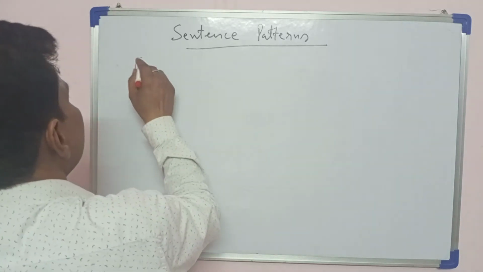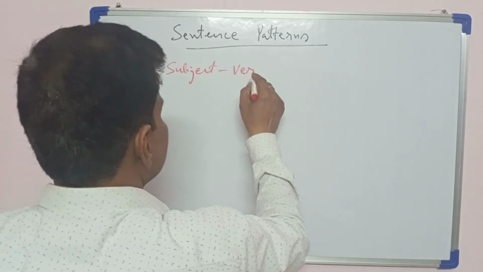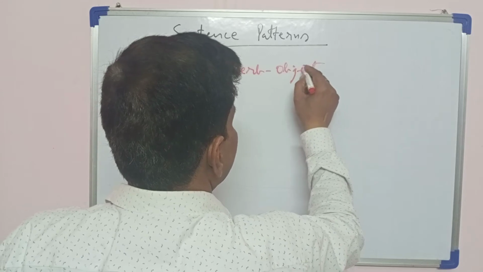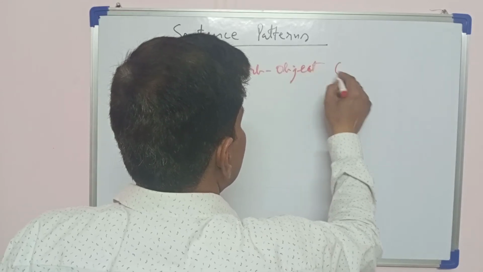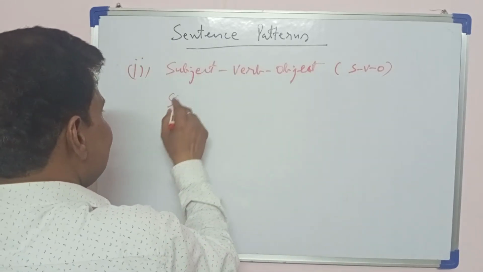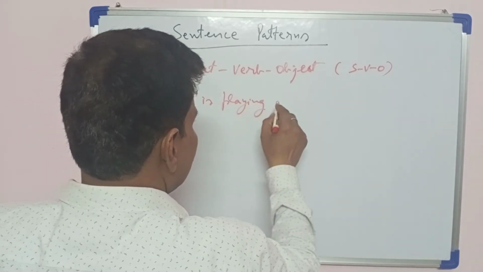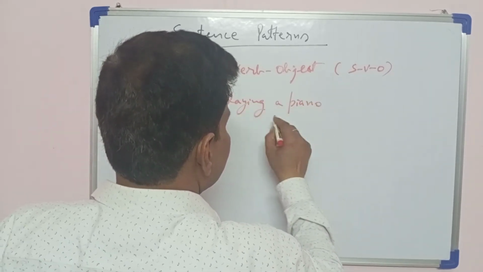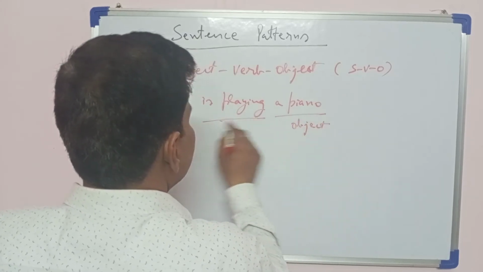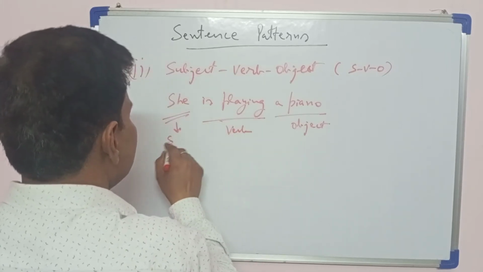Or we can say SVO. She is playing a piano. So this is the object. This is the subject. This is the verb.